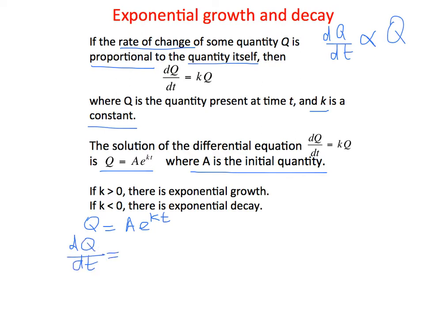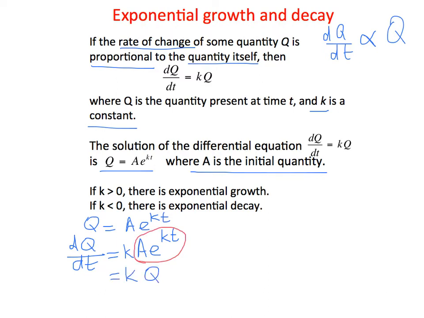When you differentiate exponential functions, it's the derivative of the power, so the derivative of kt. Remember, k is a constant, t is what we're differentiating with respect to. So the derivative of kt is going to be k, and then we times that by ae to the kt. Remember, we keep the exponential part exactly the same. Now, ae to the kt is equal to q. So that's equal to kq.